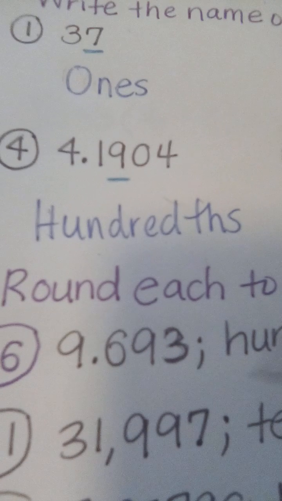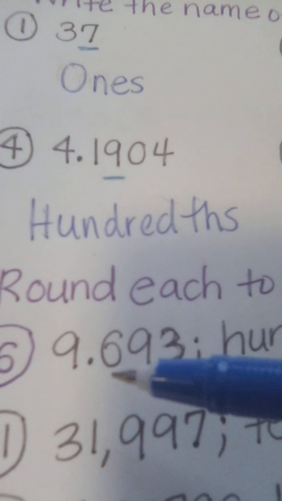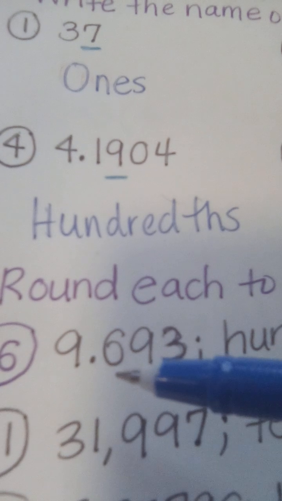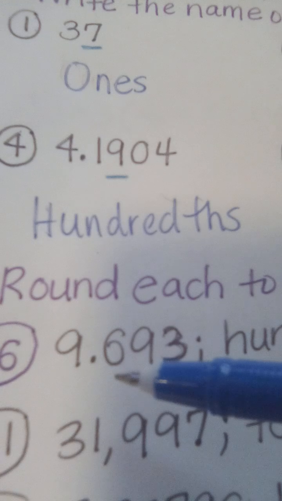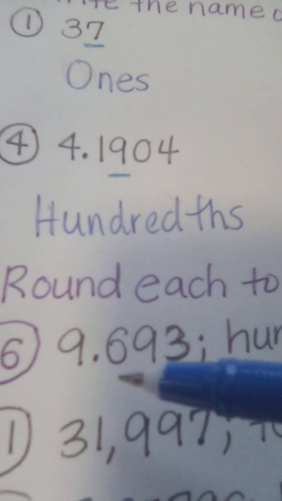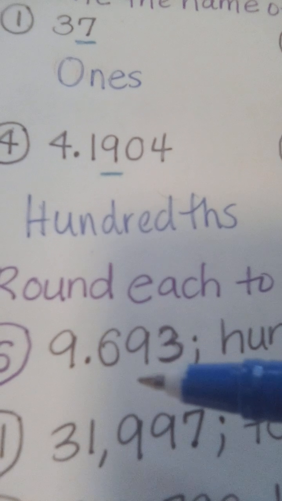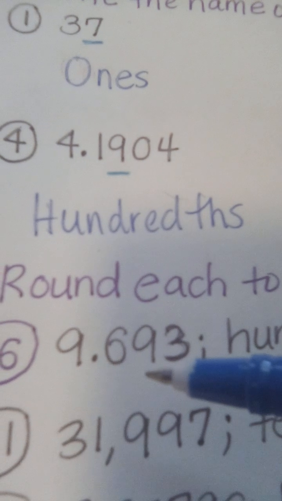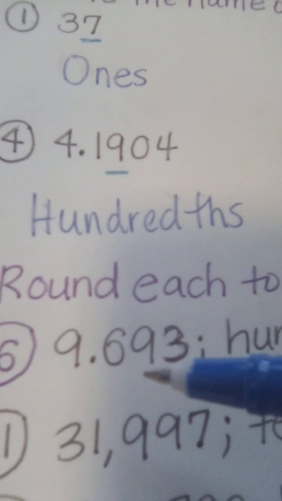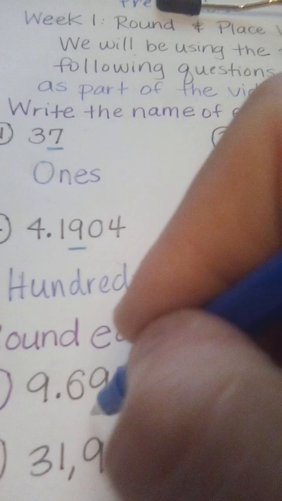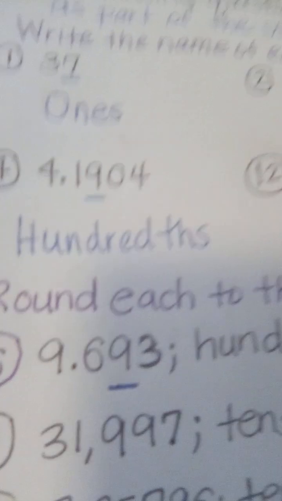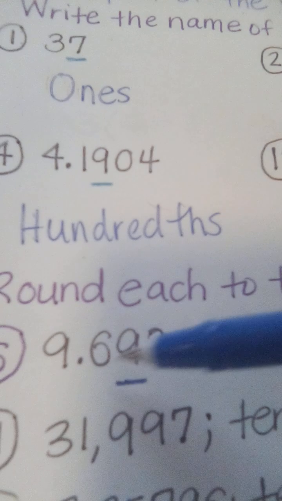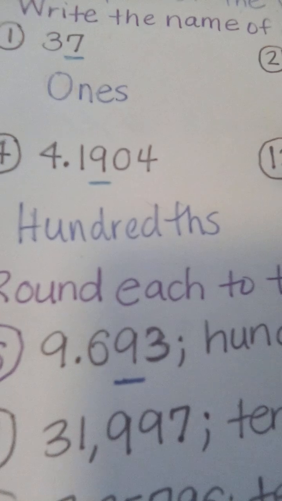Let's review. Which digit is this? Tenths, right? We're looking for hundredths, so that's not it. Is this the hundredths, right? Okay, that's right. So that's the hundredths place. All right. So we got 9.693.